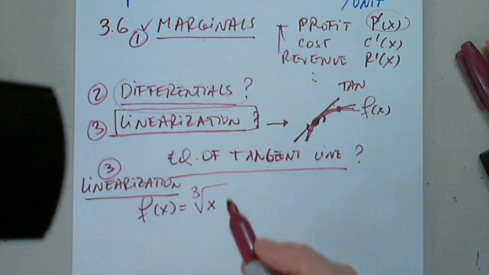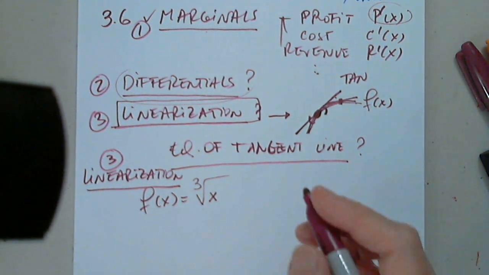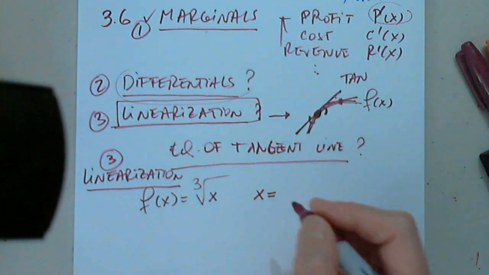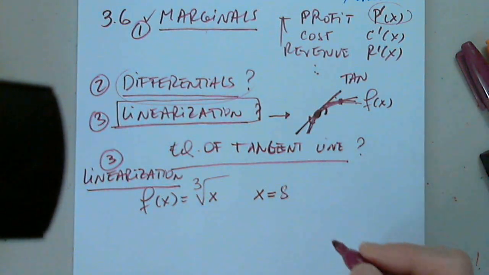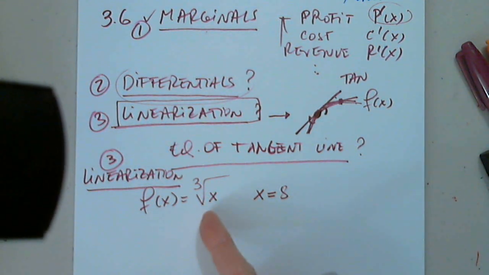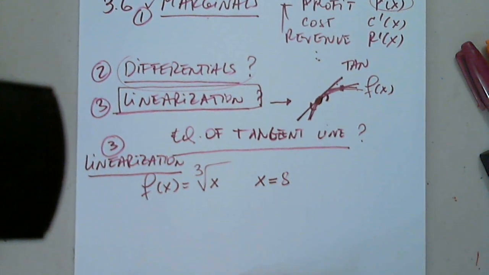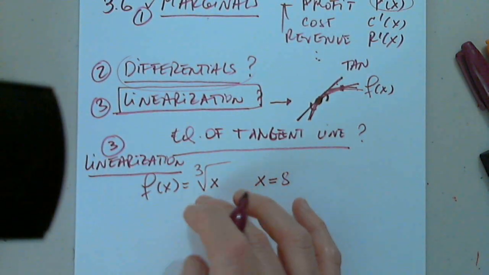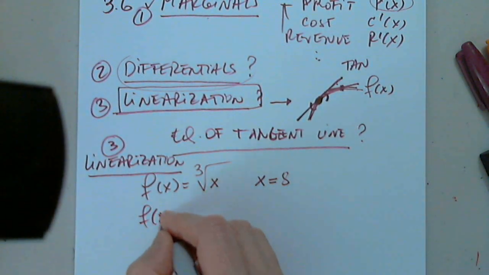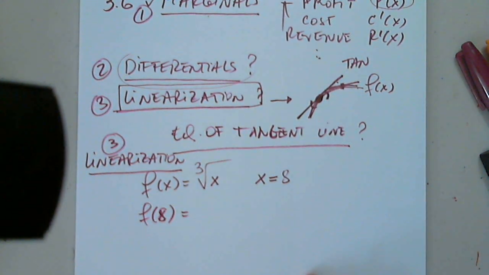So let's say I have the cube root of x. And let's say x is 8. Something simple, right? The cube root of 8. Now, if you plug in the cube root of 8, what do you get?